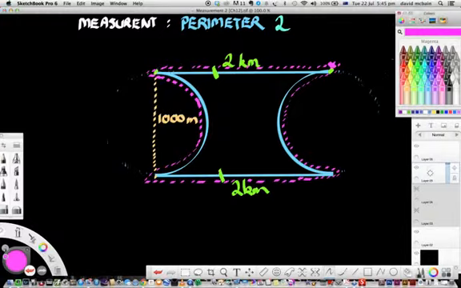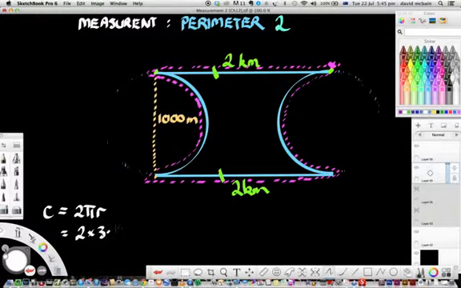So once again, the circumference of a full circle is 2 times pi times r, so 2 pi r. That's the circumference of the full circle, so it's going to be 2 times 3.14, which is our approximated value of pi, times the radius. Well, what's the radius?